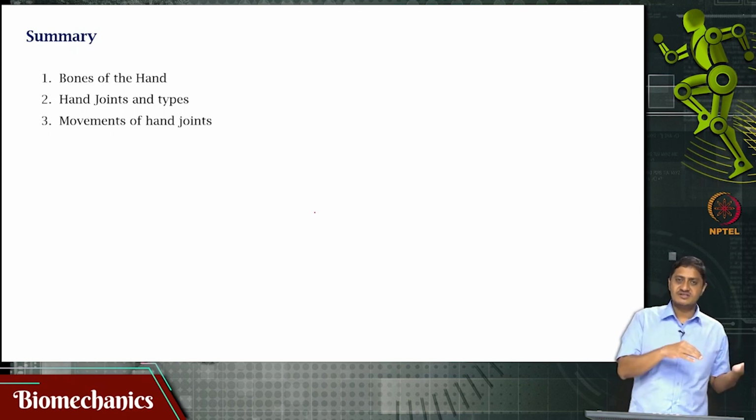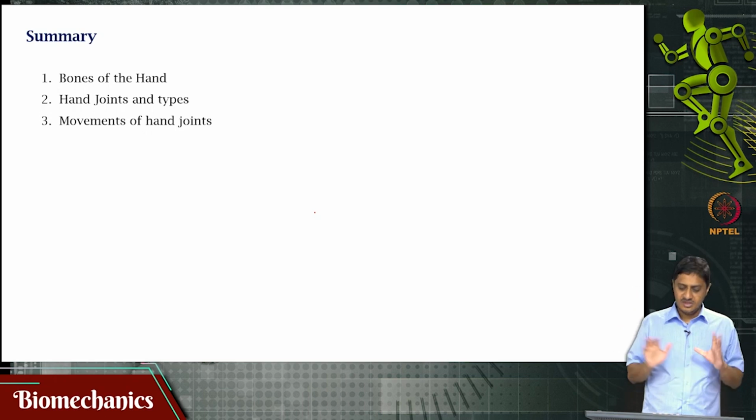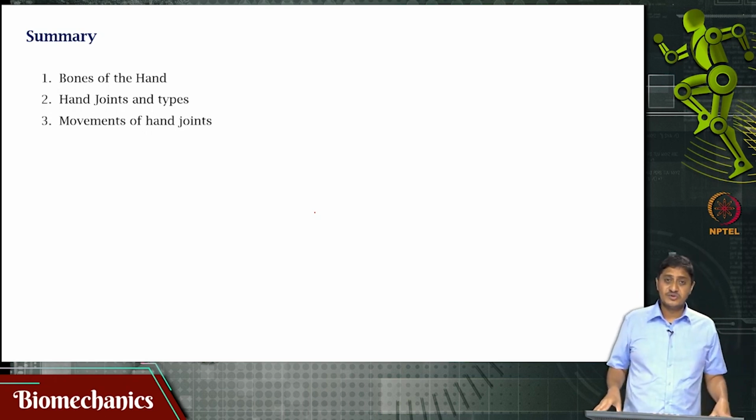Earlier we discussed the carpometacarpal joint, then the metacarpophalangeal joint, and then the interphalangeal joint. There are 2 such interphalangeal joints for digits 2, 3, 4, 5 and only 1 such joint for the thumb. So, these are the various bones that are present in the hand.